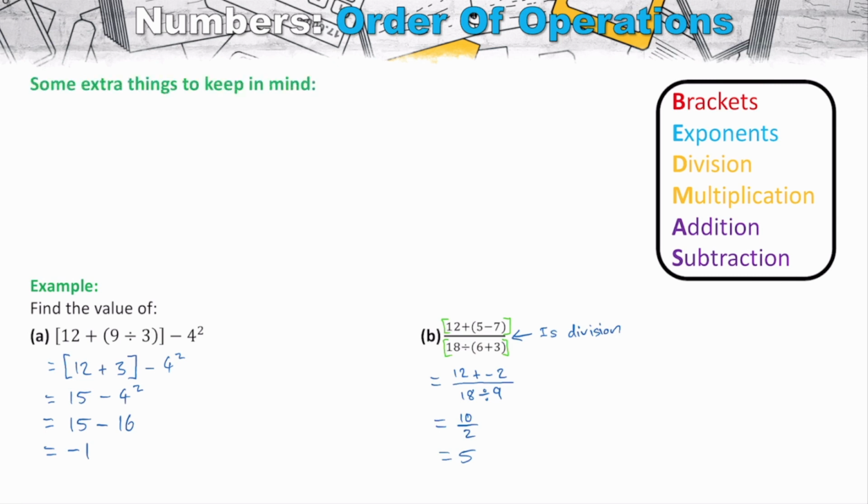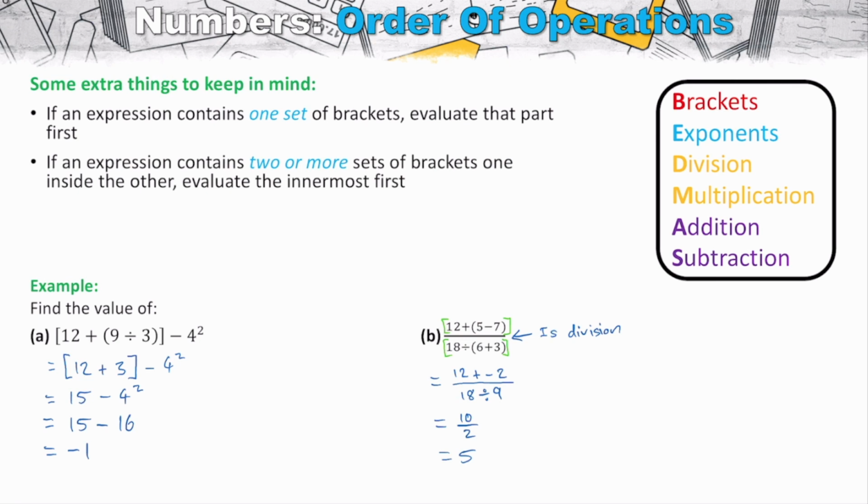So there's some things to keep in mind, just some extra things as we work through. If an expression contains one set of brackets, evaluate that brackets first. However, if it contains 2 or more sets of brackets, you need to evaluate the innermost brackets first. An example can be clearly seen just here, but also here if you think about the green brackets as well.